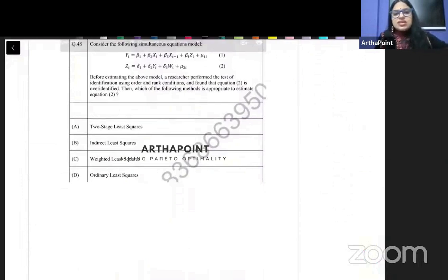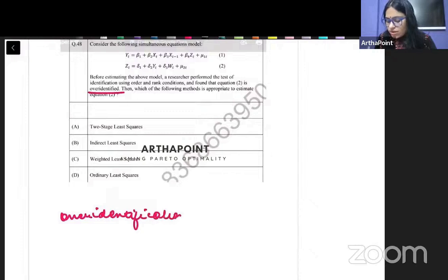Okay, so this says that which of the following is method used for over identification? तो over identification में I have given you that you can use two-stage least square, right?